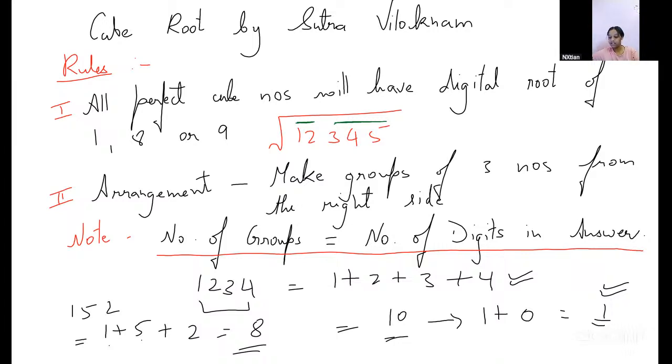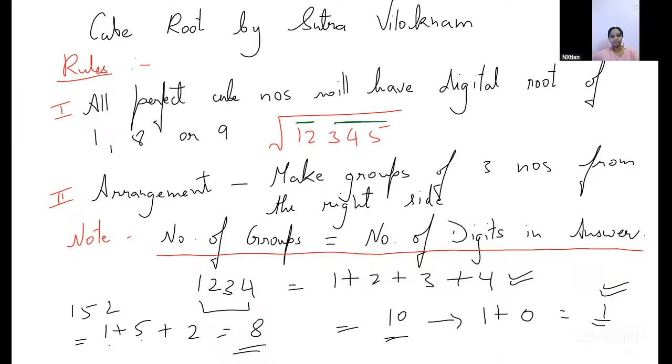Will there only be one group? I think so, Abraham. There'll be only one group when we have a three-digit number. You calculate and check with the three-digit number.